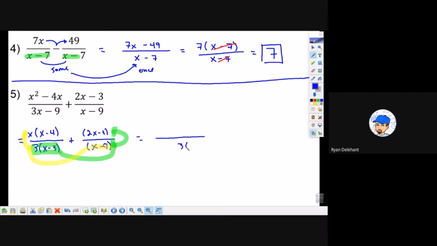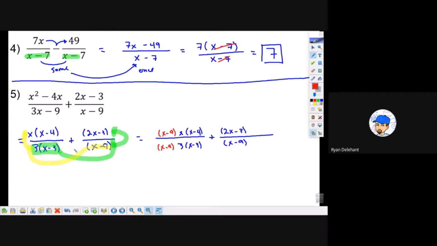So we had 3x minus 3 and this x minus 4, and this was 2x minus 3, x minus 9. What we're going to do is take this x minus 9 and write it over here, top and bottom.